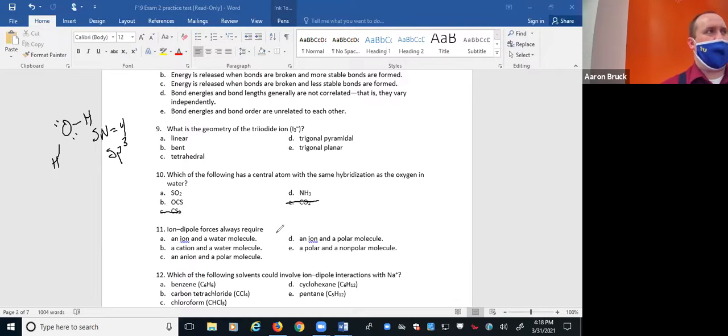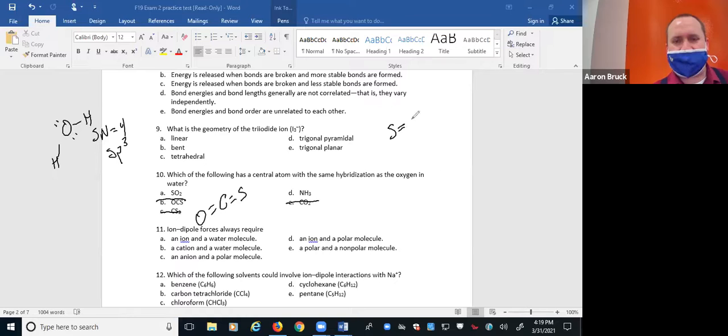Because we know based on carbon, carbon does not do that kind of bonding unless it forms 4 bonds to 4 elements. So those ones are out. Same thing with OCS, because you're going to have that carbon in the middle and oxygen and sulfur on either side. It really comes down to the sulfur dioxide versus the ammonia.